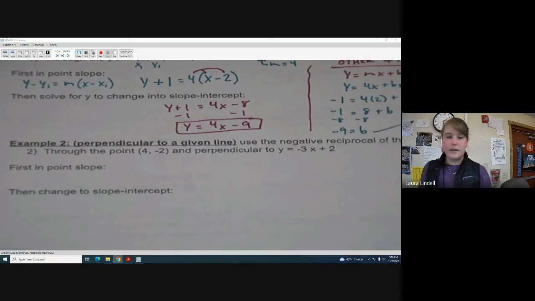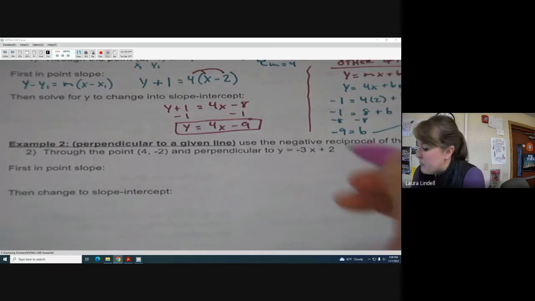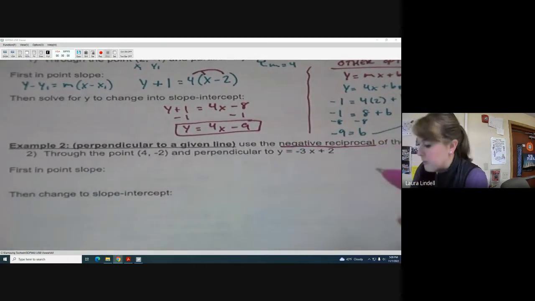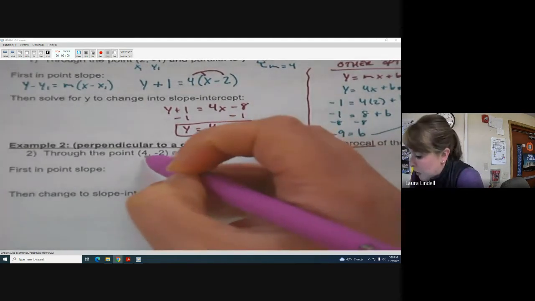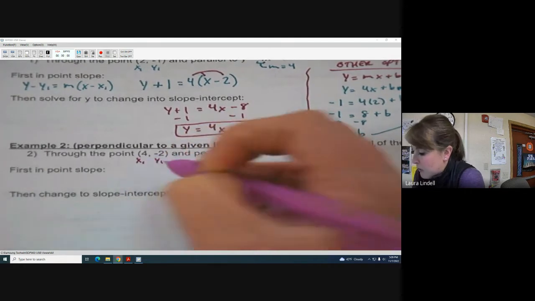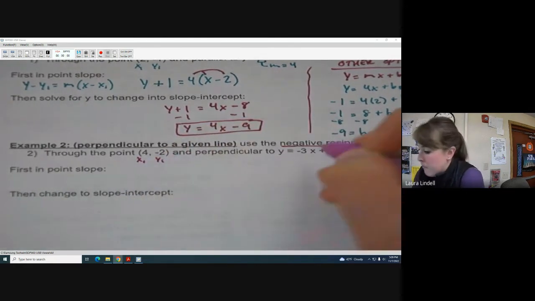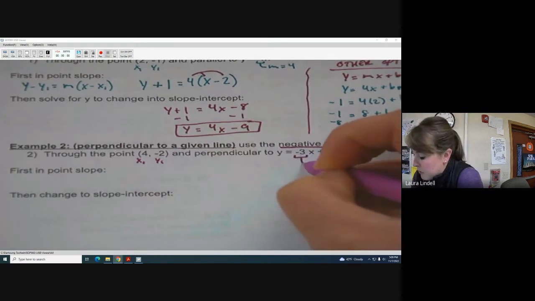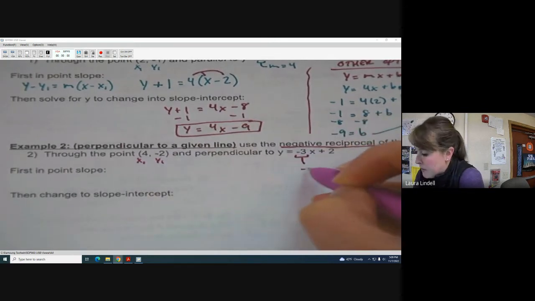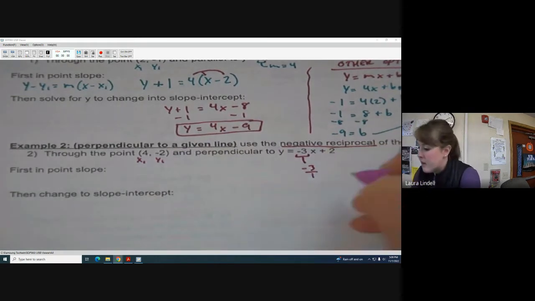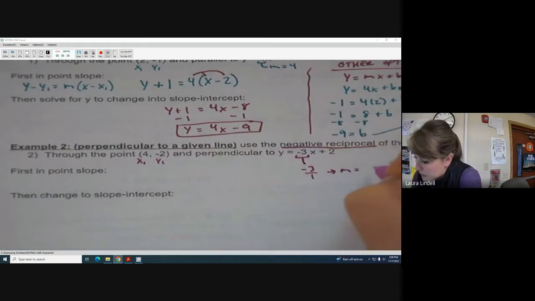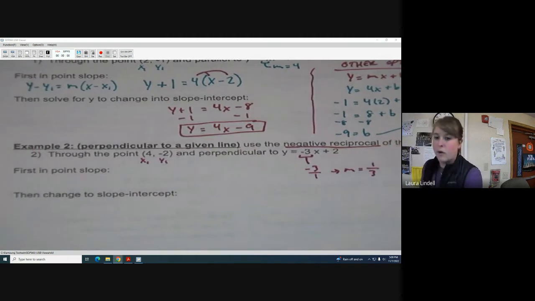Okay. So second example. This time we're going perpendicular to a given line, which means we need to make sure we use the negative reciprocal of the slope. Okay, so this time we have our point, our x1, y1, just like usual. But this time, since we want the negative reciprocal slope, if my original slope is -3/1, if I flip it and change the sign, my new slope is going to be +1/3.